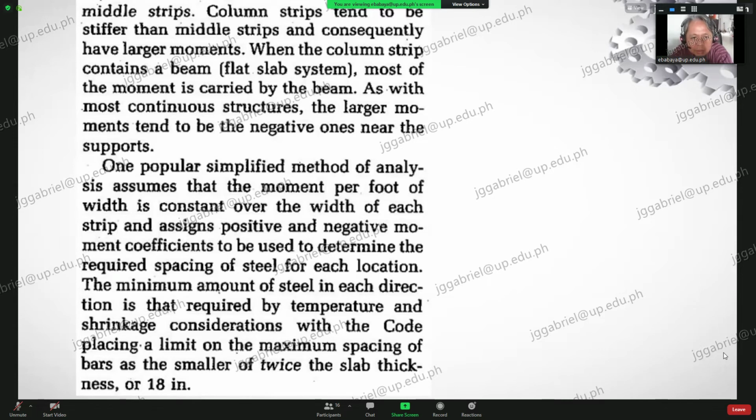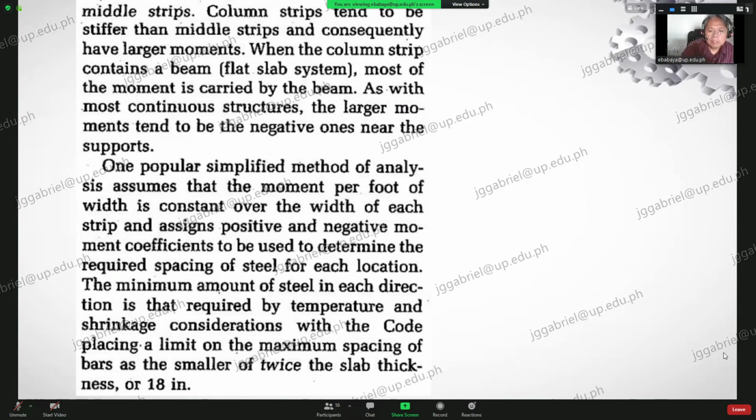So it is mentioned here, when the column strip contains a beam, most of the moment is carried by the beam, as with most continuous structures. The larger moments tend to be the negative ones near the supports. Okay, as I mentioned earlier, the negative moments are always near the supports.